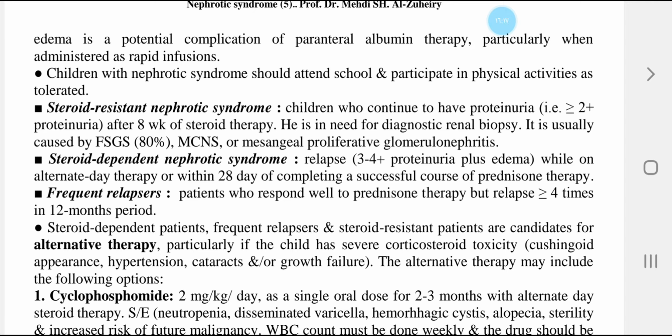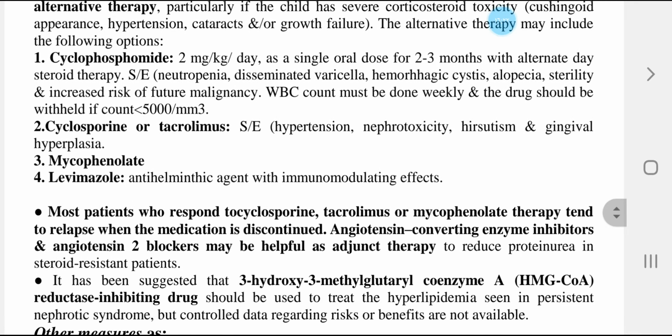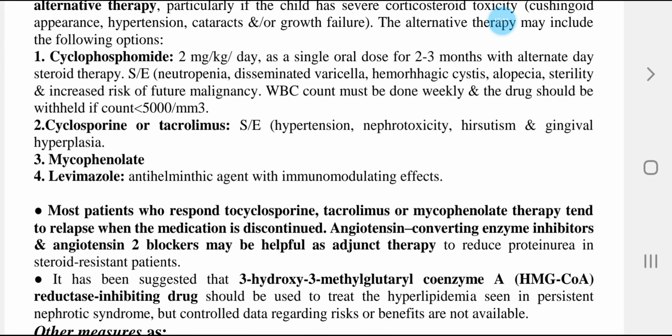The alternative therapy may include the following options. First, cyclophosphamide 2 mg per kg per day as a single oral dose for 2 to 3 months with alternate day steroid therapy. Side effects include neutropenia, disseminated varicella, hemorrhagic cystitis, alopecia, sterility, and increased risk of future malignancy.